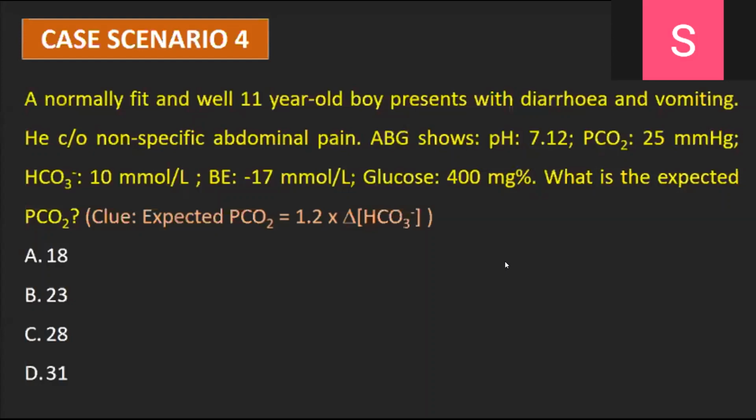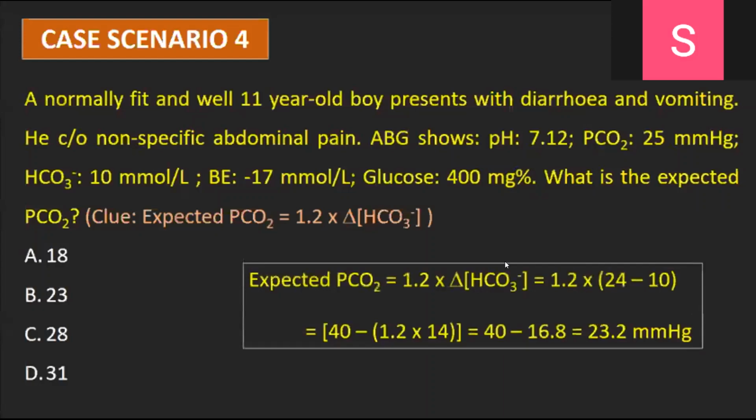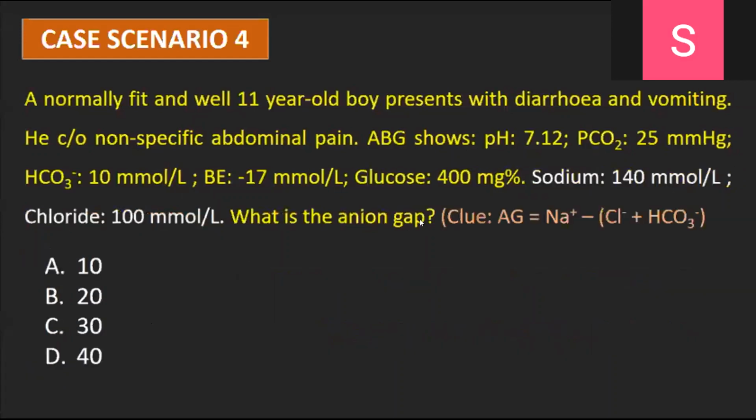So we take 40, which is what we take as the normal PCO2, and subtract 16 from this. So we'll get 24, which will be the expected PCO2. All right, nearly there. 23 is what I've written, but that's okay. But you know how the calculation is done, right? That's how we can do it. Okay, we go on to the next equation.